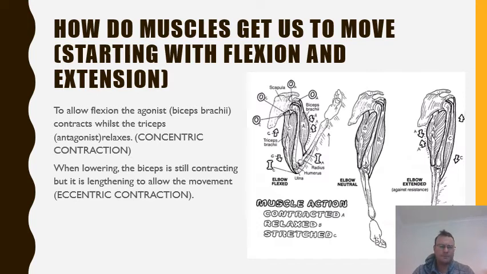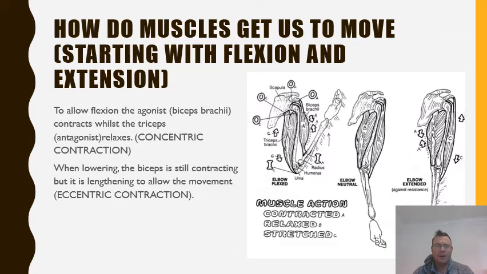So what we see here is the bicep, that classic bicep curl action, requires the biceps brachii, A, to contract. Now, if you've ever had a cramp, you'll realise that muscles that are contracting at the same time don't allow movement.